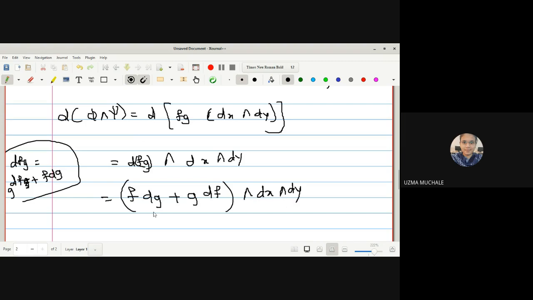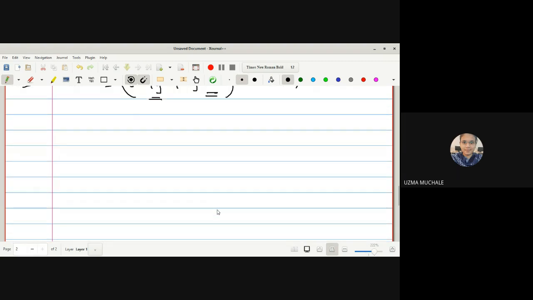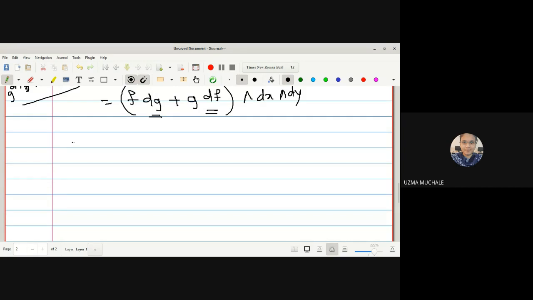Okay. Now again you have to evaluate what is dg and df, and then you can see the result. f as it is, then you have to find out the value of dg. Okay, should I write here value of dg as dou g by dou x dx plus dou g by dou y dy plus dou g by dou z dz.